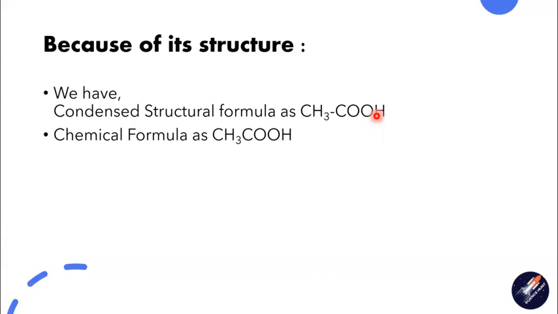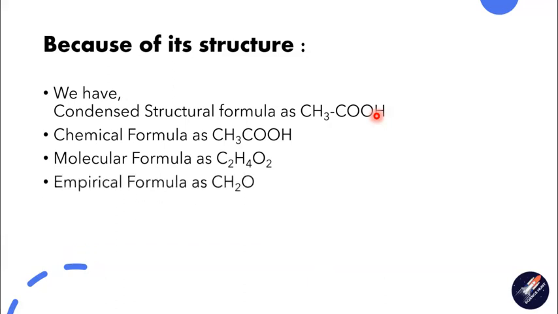And now, why does it have the formula C2H4O2? We have got the answer now because of its structure. But yes, acetic acid does have a formula C2H4O2, but it's the molecular formula. And the difference between molecular formula and chemical formula is that molecular formula is the shortest or the most condensed chemical formula.